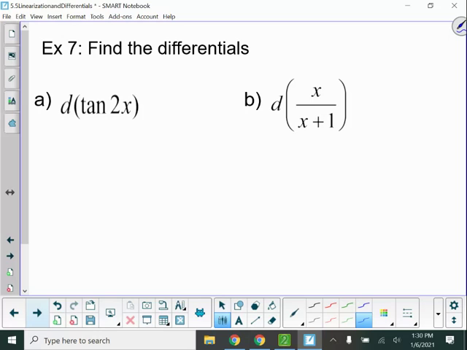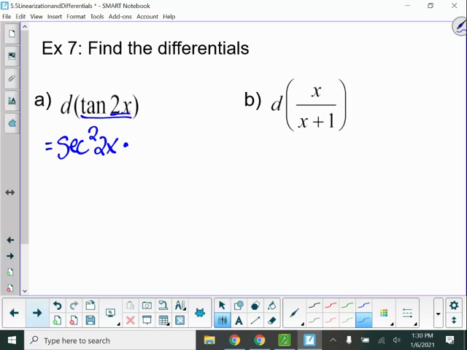With this one, you do need to be aware that anytime you take the derivative of an x, you're going to get a dx. That's something that goes where implicit differentiation went. So if I'm taking the derivative of tangent of 2x and I'm looking at the differentials, first I have to look at the derivative of the tangent, which is going to be secant squared of 2x.